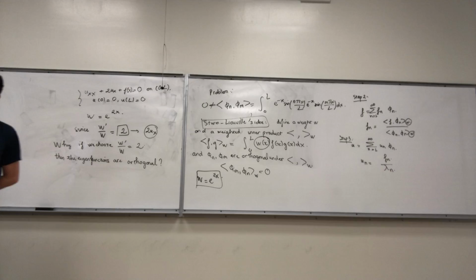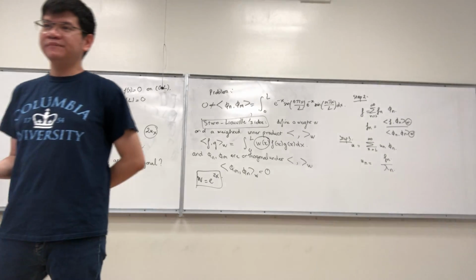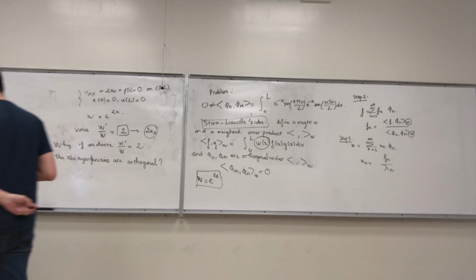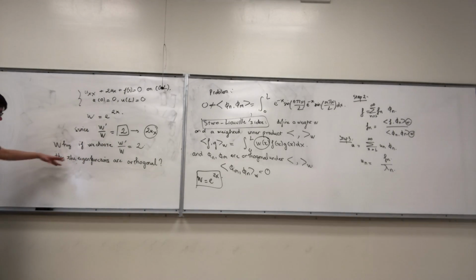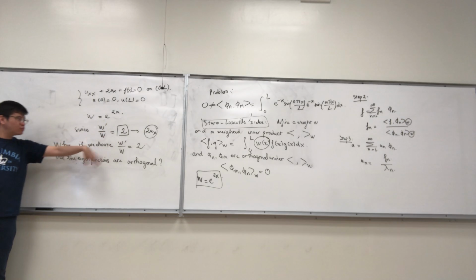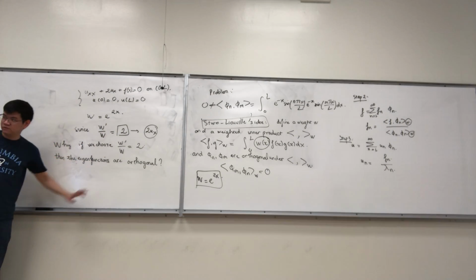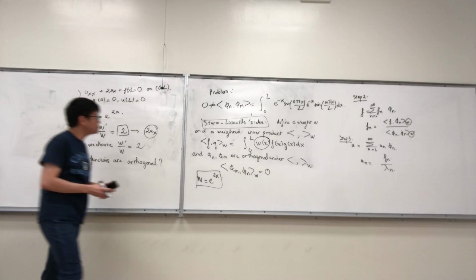The question is why, when we choose W prime over W equal to 2, under this new weighted inner product the eigenfunctions are all orthogonal. So let us try to understand that.